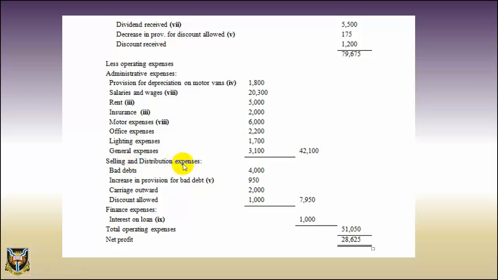Selling and distribution expenses. Bad debts, 4,000. Increase in provision for bad debt, 5, 950. Carriage outward, 2,000. Discount allowed, 1,000, total 7,950.